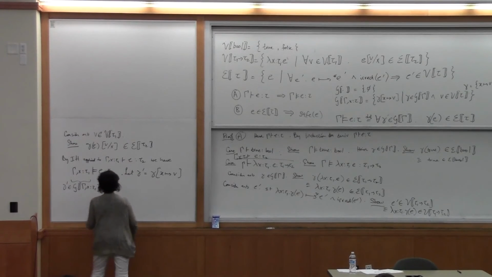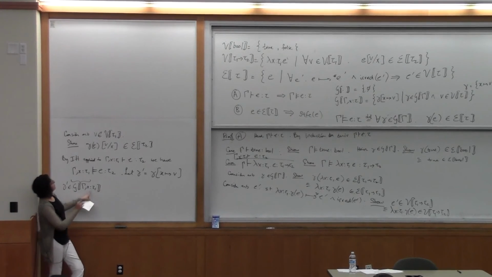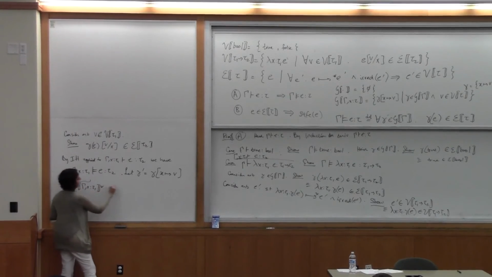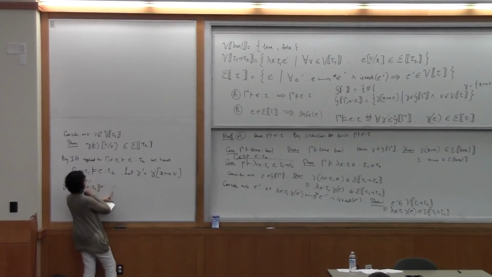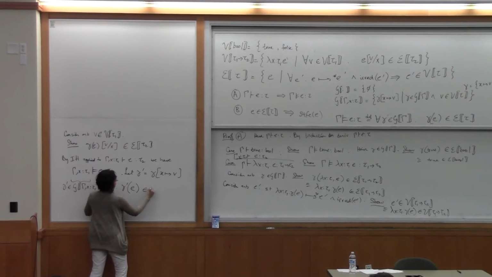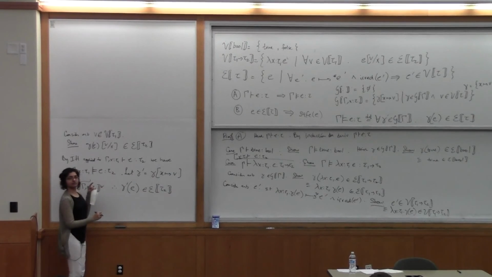Right? And notice that gamma prime is in this G relation. Why? Because little gamma is in G of gamma, and the V is in V of tau 1 from here. Right? So we have this fact. Therefore, what we get from using this is that gamma prime wrapped around this E belongs to E at the type tau 2. Correct?